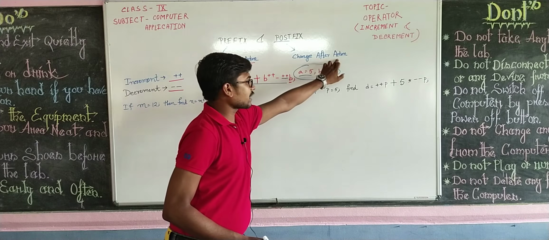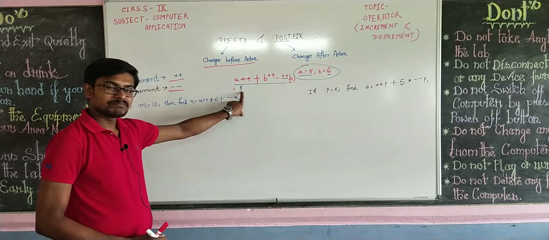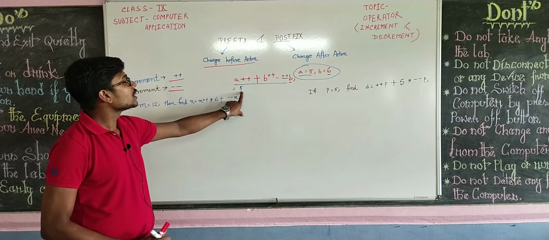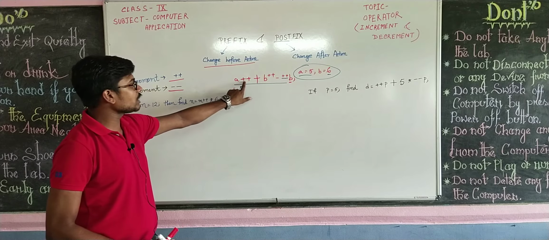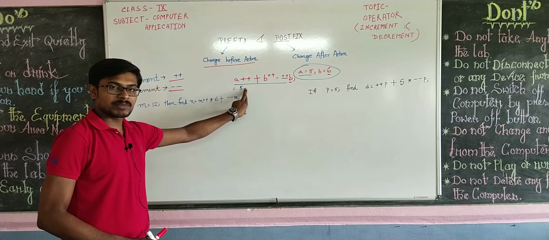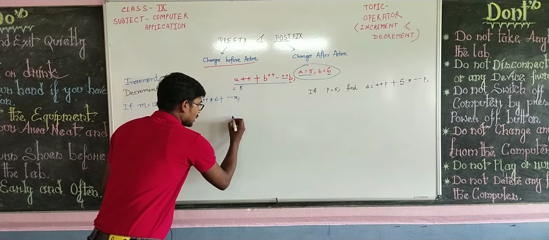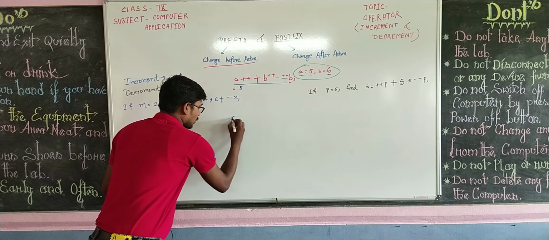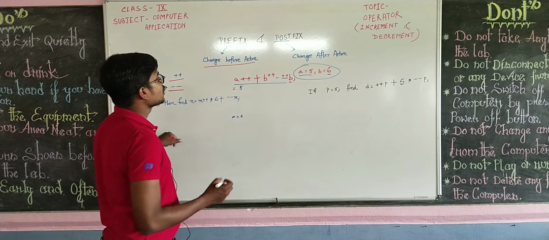Change after action, we have already written 5 for A. Now we have to change, that means for this operator we have to add 1 to 5, that means 5 plus 1 equals to 6. Just in one place write down new value of A equals to 6.